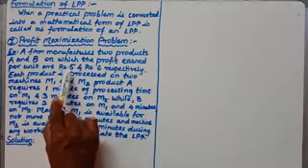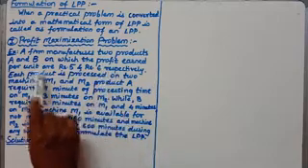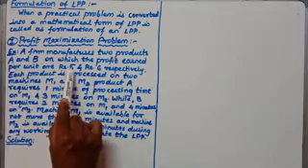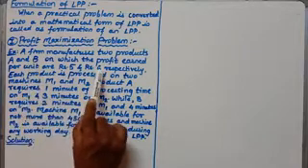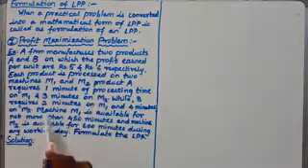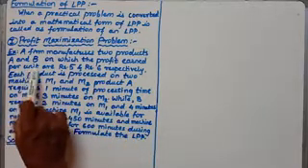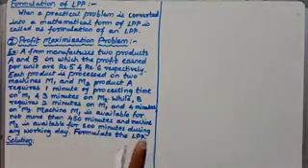The profit for product A is rupees 5 and for product B rupees 6 per unit.